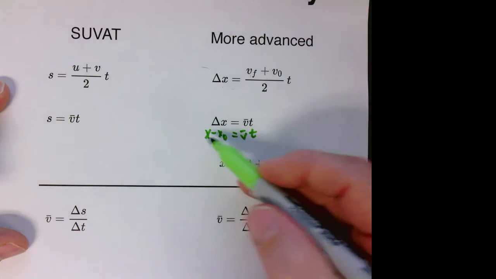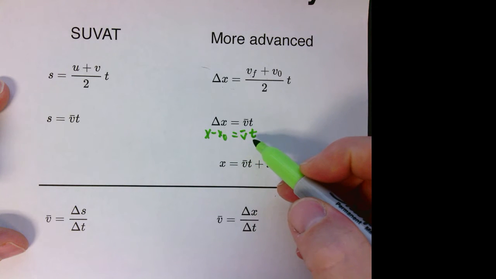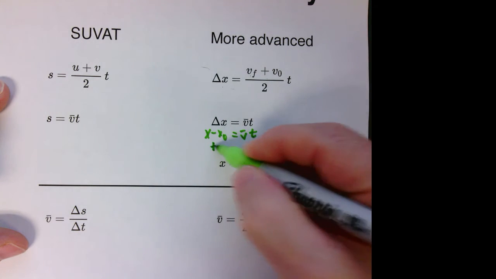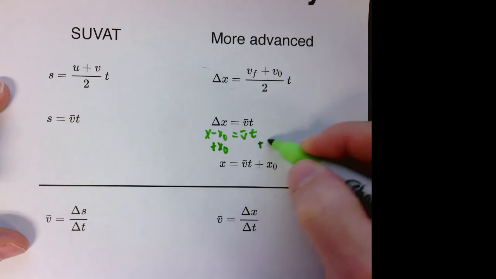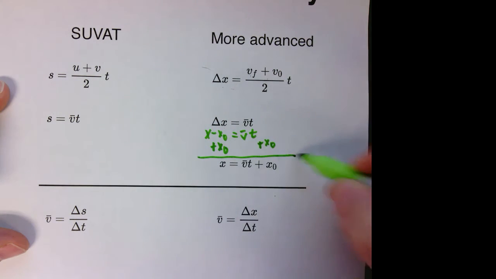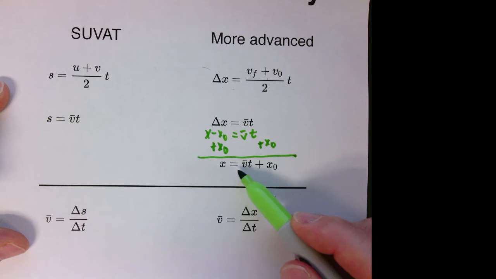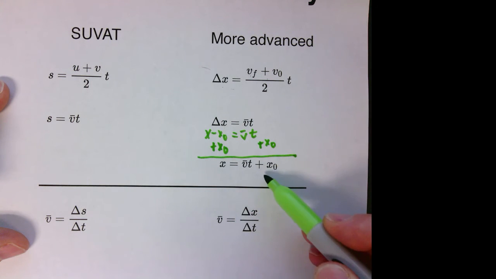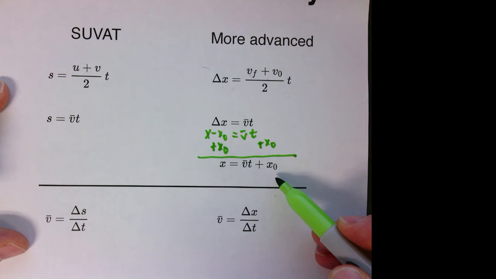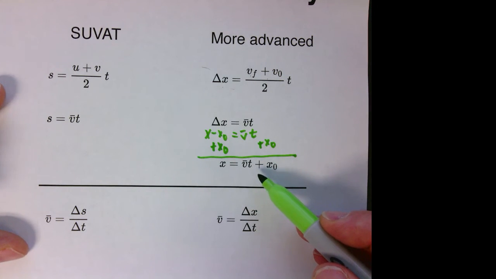So if we have x minus x0 equals v bar t, then if we add x0 to both sides, you will see we get x equals v bar t plus x0, the initial position. So this equation will actually give us the position.